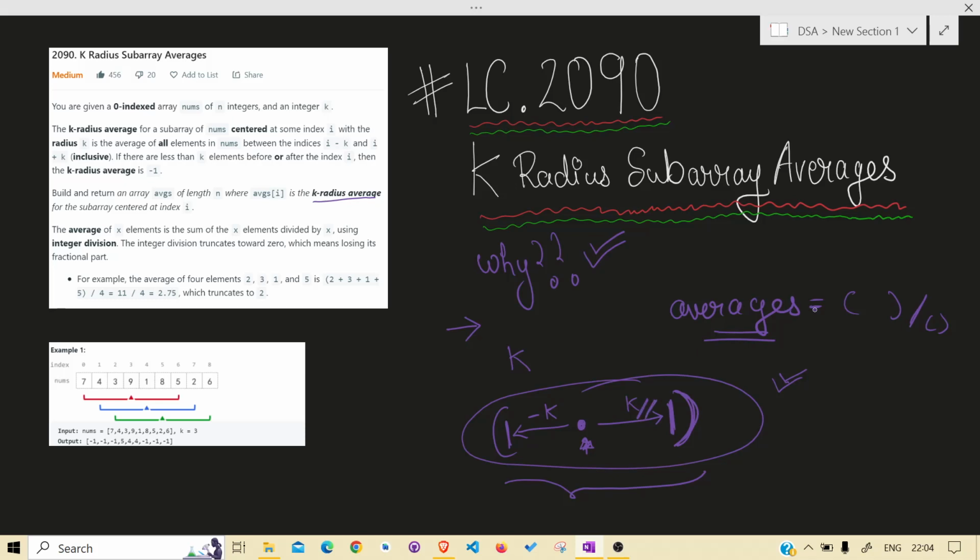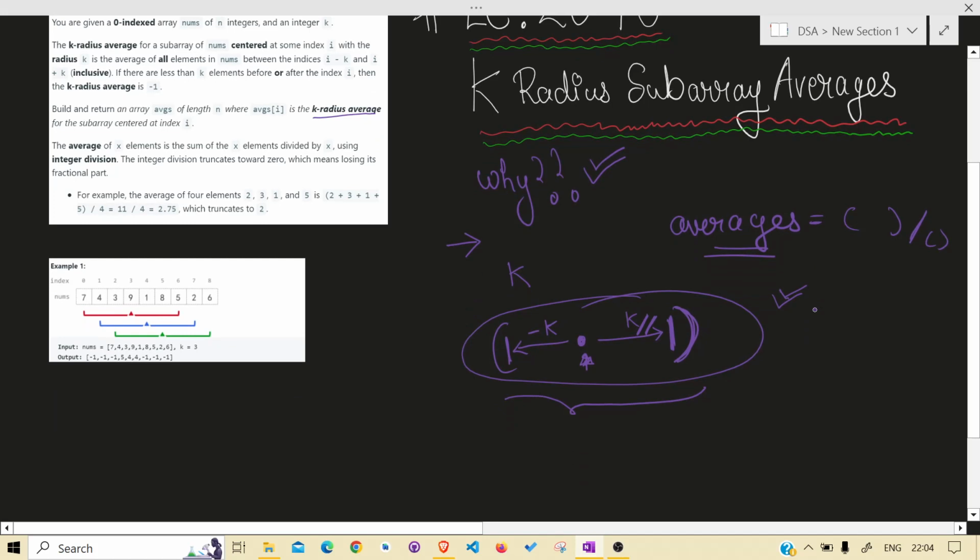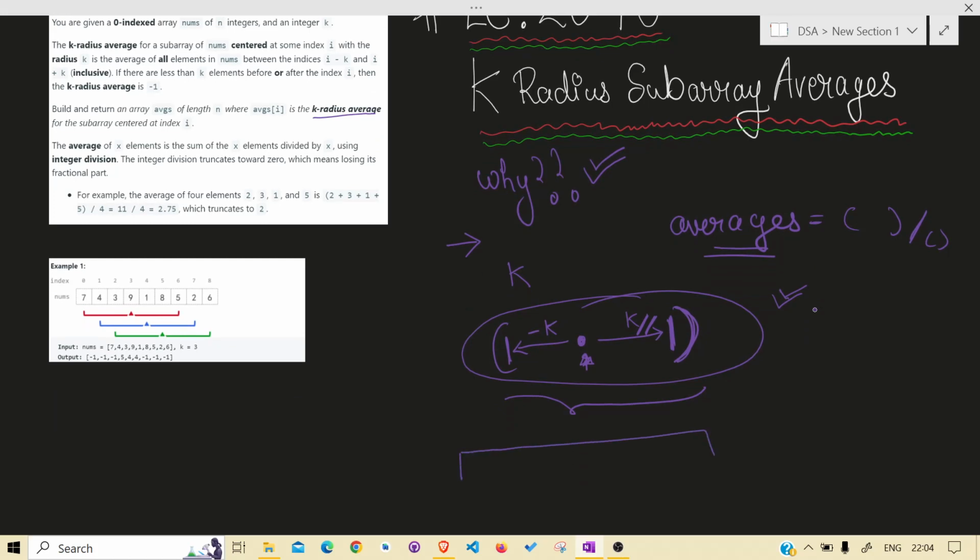You are given the k, and you have to return the averages in an array. When there is no index where minus k and plus k are possible, you have to put -1 there. So I hope the problem is very much clear.